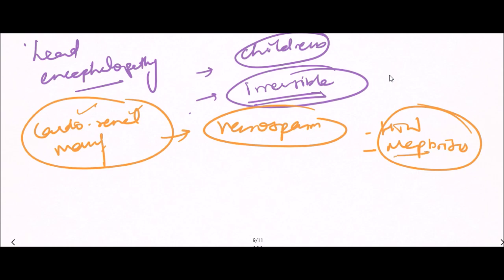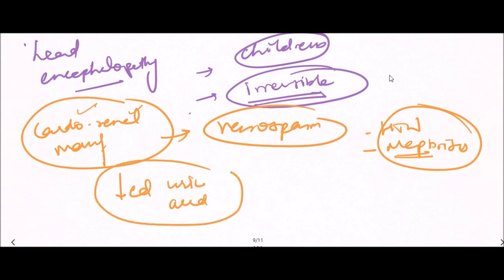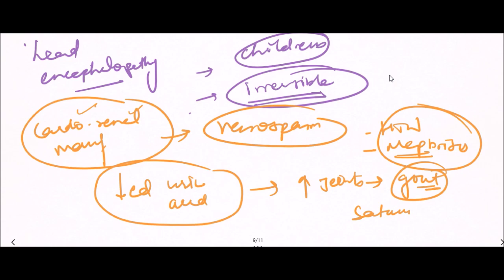One specific feature of lead is that it decreases excretion of uric acid, so there is hyperuricemia, and the increased uric acid concentration deposits in the joints and is responsible for gout. This gout is known as Saturnine gout.